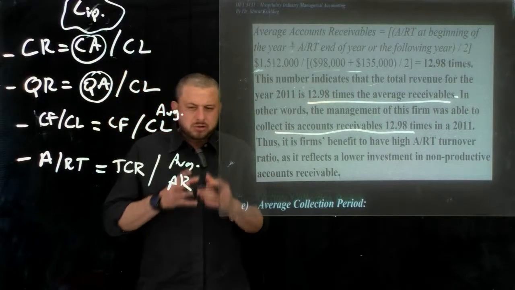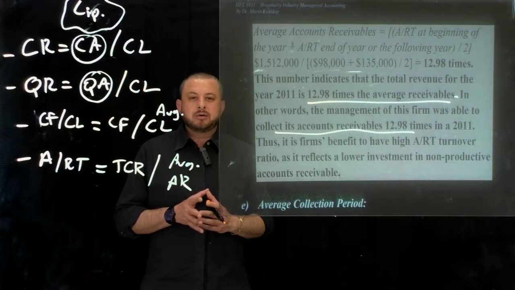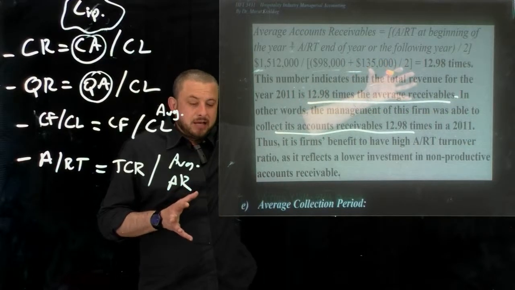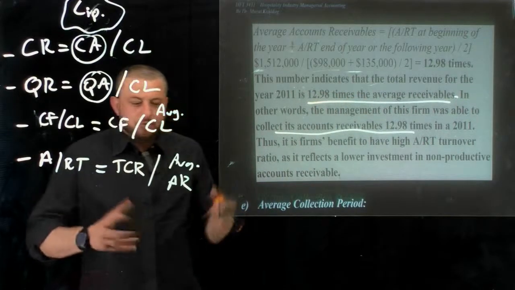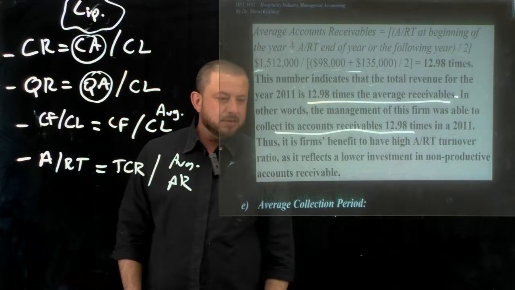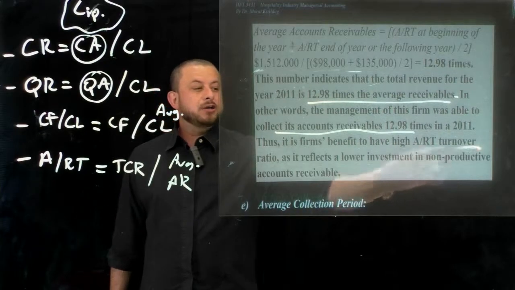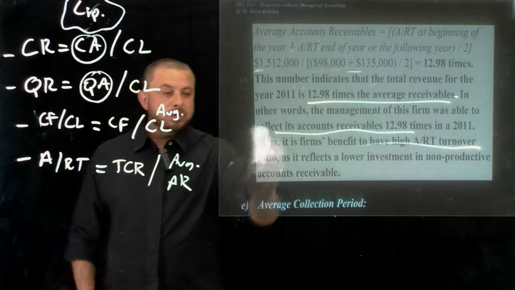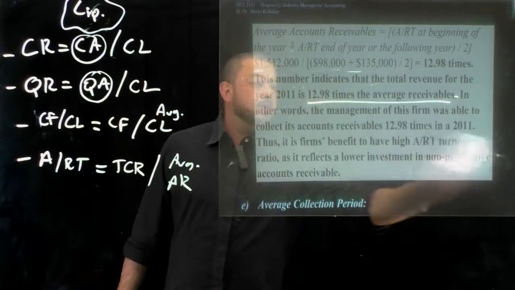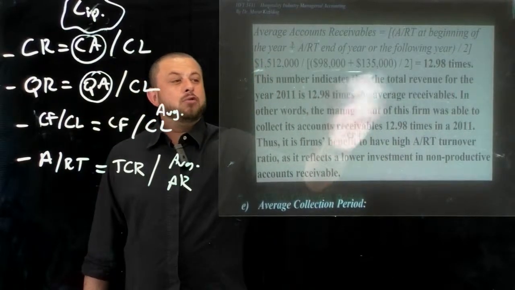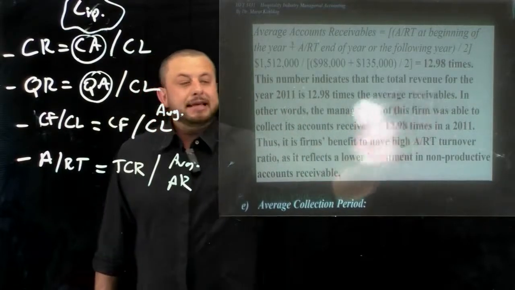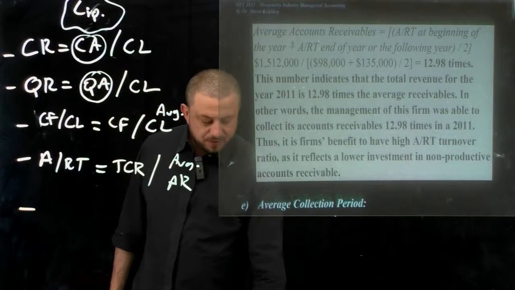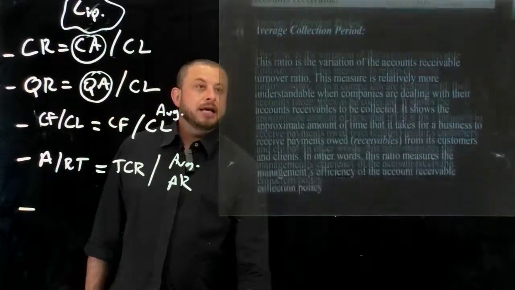Almost 13 times you are collecting your outstanding money from the vendors, from the people, from the employees, from the suppliers, anybody, okay? Therefore, a higher ART turnover is what you need. Higher ART turnover is always financially beneficial to the firms, and lower ART turnover indicates not-so-good management efficiency in collecting accounts receivable.